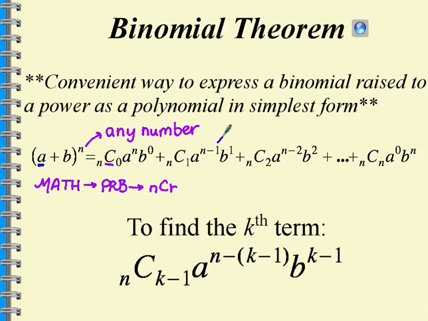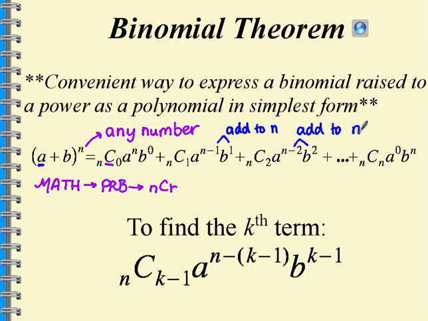A little key here: these will always add to n. On the next one, I'm subtracting 1 more from a and adding 1 more for b. Once again, they will always add to n.